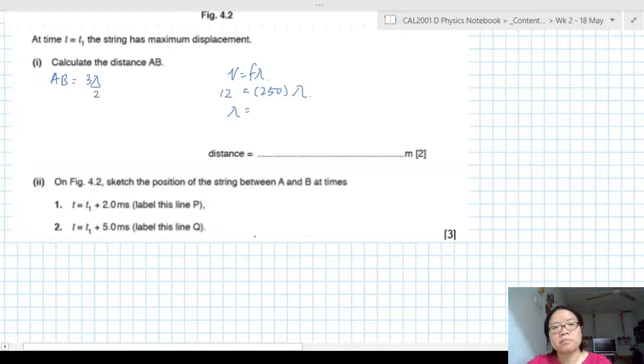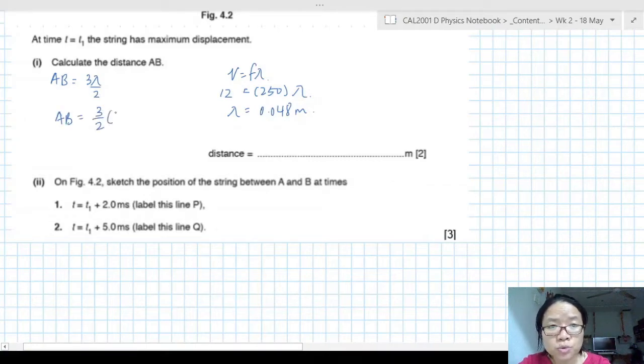And once we have lambda, right, we can substitute into the equation AB is 3 lambda over 2. Alright, so hang on while I clicky the calculator. There you go, 0.048 meter. And I will just find AB now, easily 3 over 2 times 0.048. That would give me 0.072, I think.